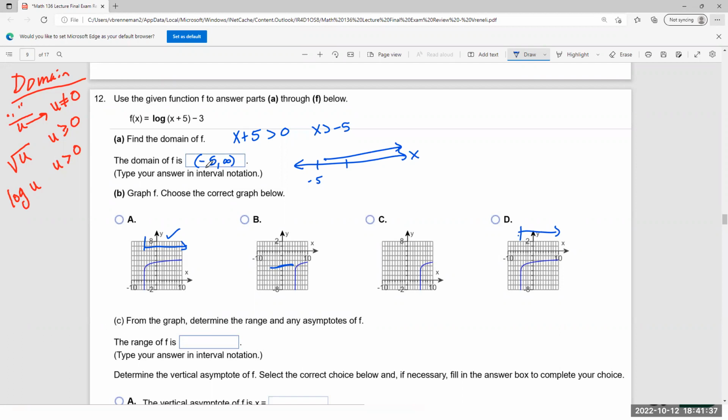The vertical asymptote. So a log graph will always have a vertical asymptote, and it's going to be x equal to whatever the endpoint of the domain is.